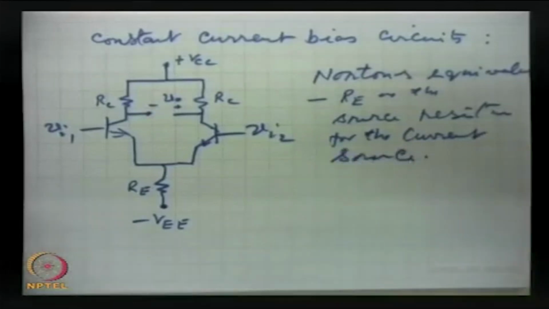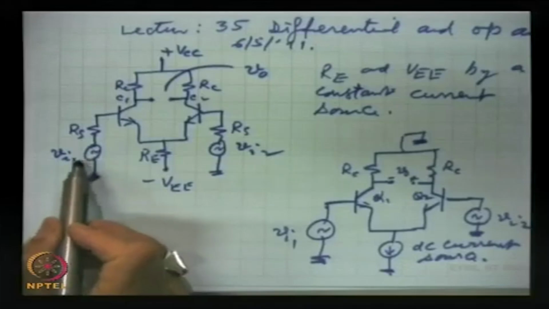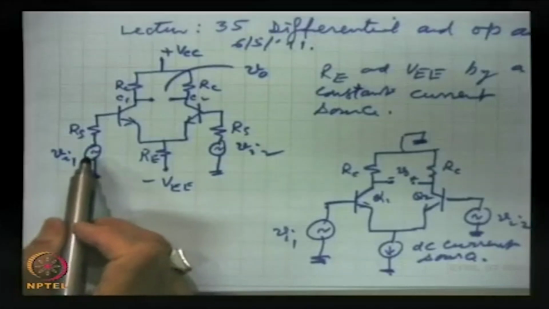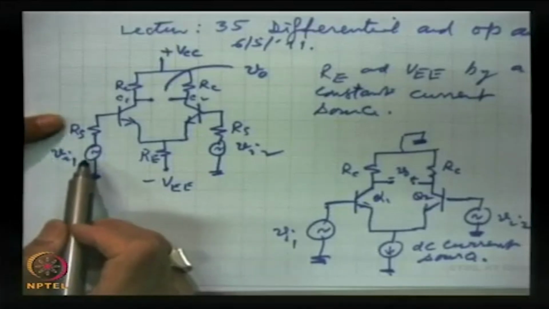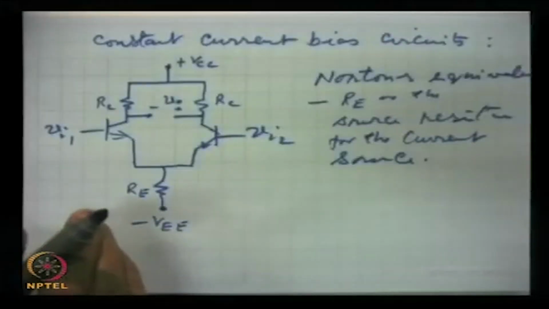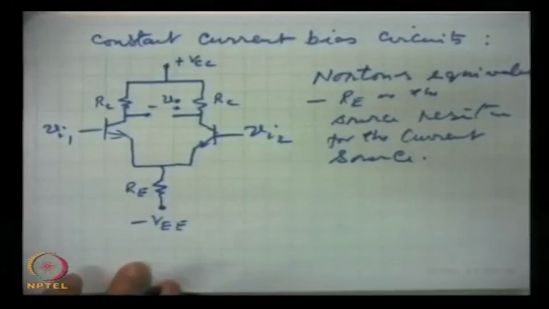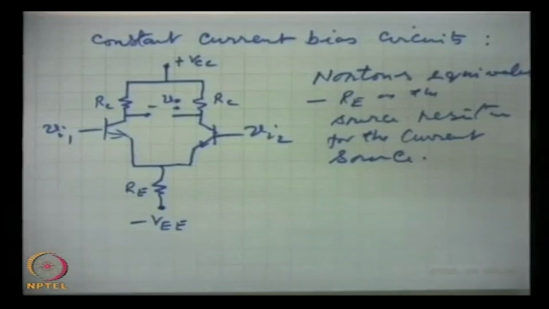For a current source, the source resistance must be very high, ideally infinite. You know, this was a voltage source. A constant voltage source should have a low resistance, and we have neglected this Rs at several places, but a current source should have very high resistance.